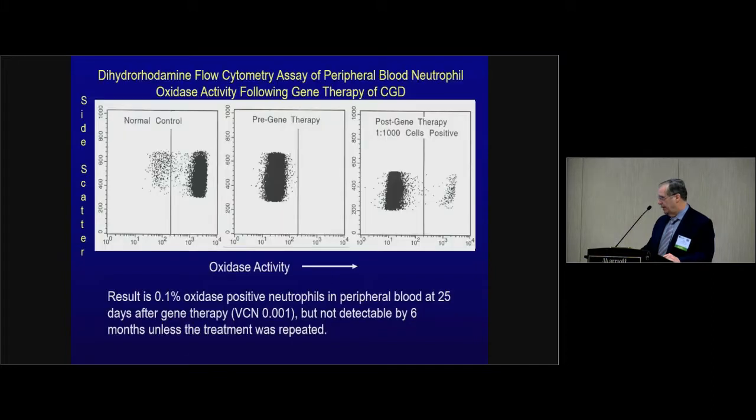How low? Well, at the peak it was 1 in 1,000 cells, and it was very transient. This is without conditioning, with the gamma retroviral gene therapy. It rose to 1 in 1,000 cells, and it left.